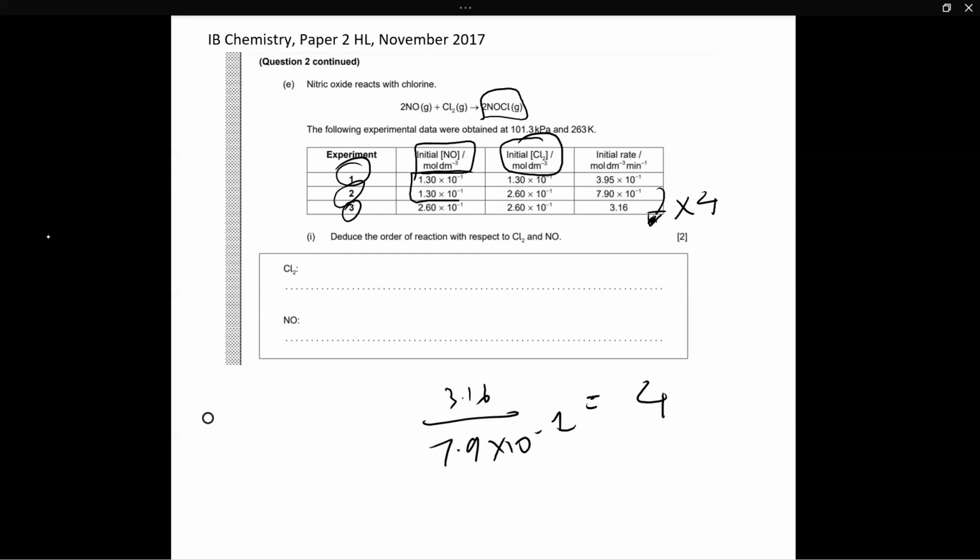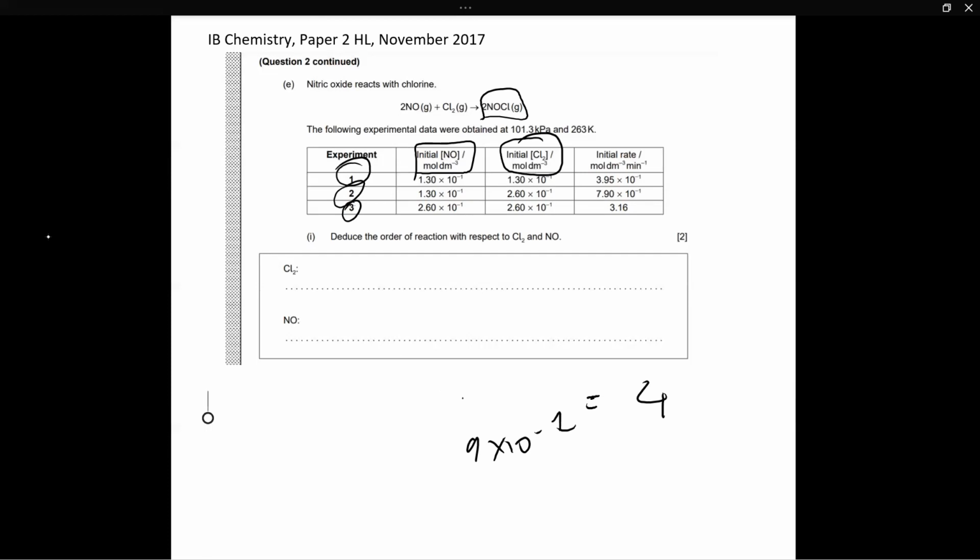We keep one concentration the same, and then we manipulate the other to see how it affects the initial rate. And that's how we're experimentally able to determine the order of reaction, or in simple terms, how changing the concentrations of certain reactants affects the initial rate.